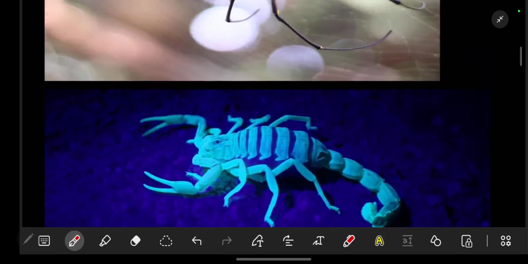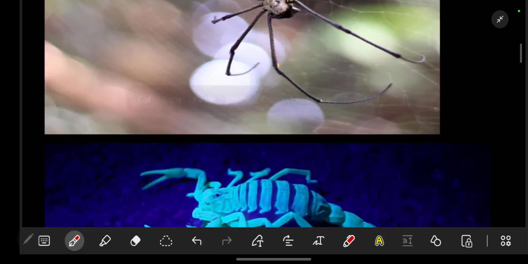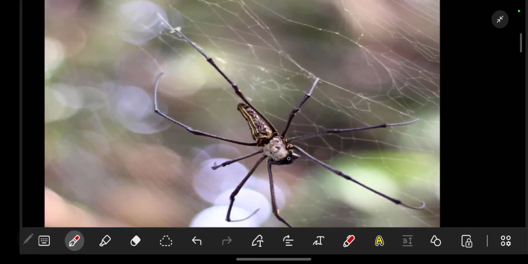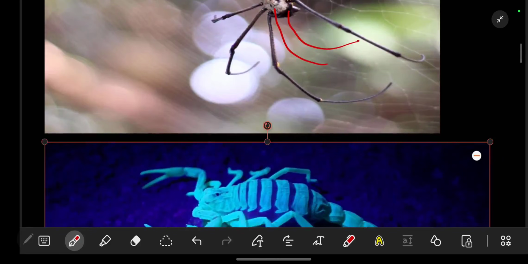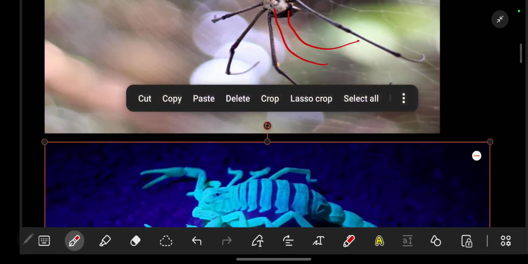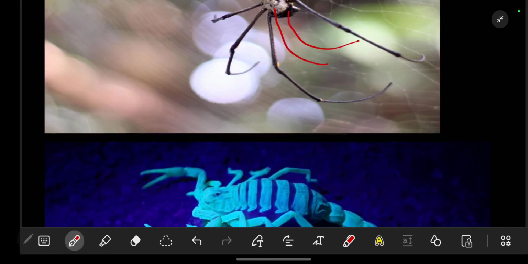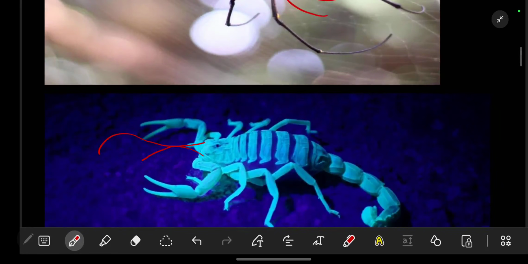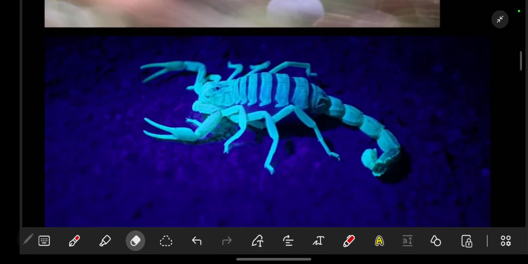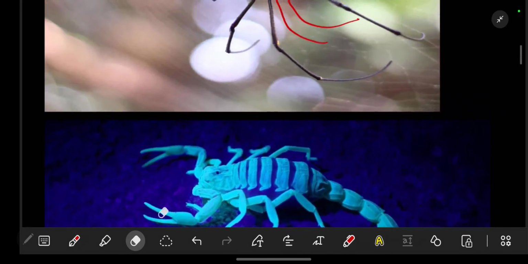So unlike the insects, they do not have antennas. Even as you can see, the scorpion does not have antennas like insects, and they also do not have wings. But their exoskeleton is also made up of chitin.